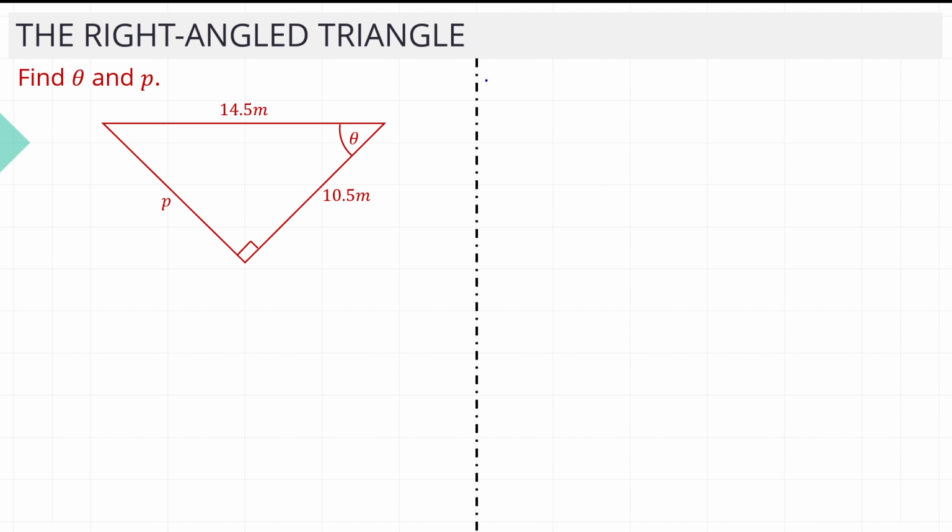Here is the next one you should try your hands on. When you solve it well, you get angle theta to be 43.6 degrees and P is 10 meters. So in our next lesson, we solve these two questions together.